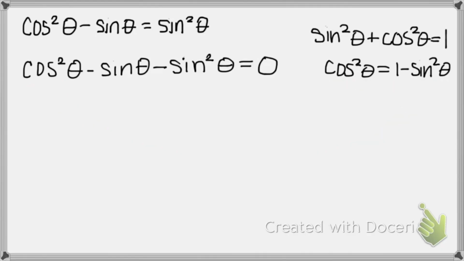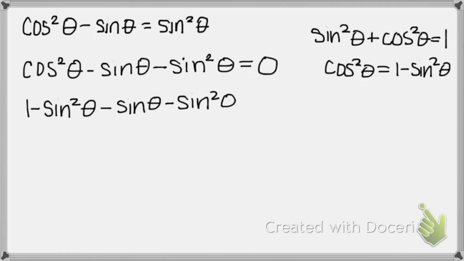I'm going to make that substitution. 1 minus sine squared theta, that is cosine squared theta. And then the rest of the expression is there. All right, and let's combine our terms. I've got negative 2 sine squared theta minus sine theta plus 1.